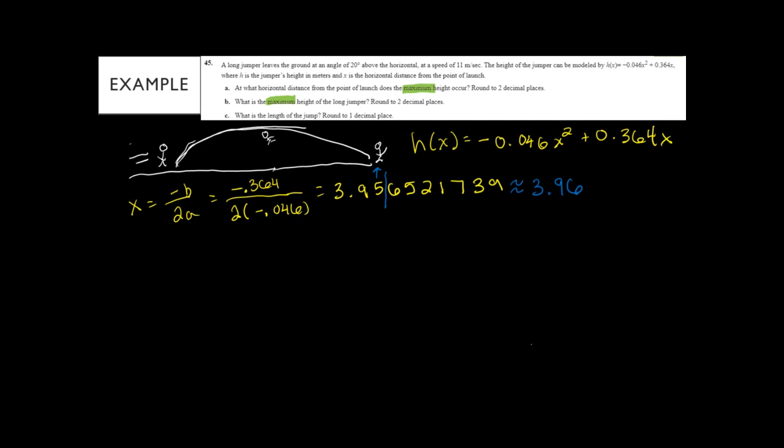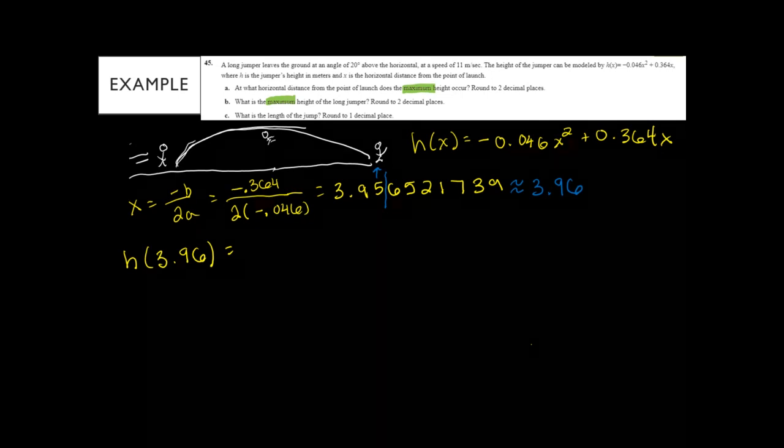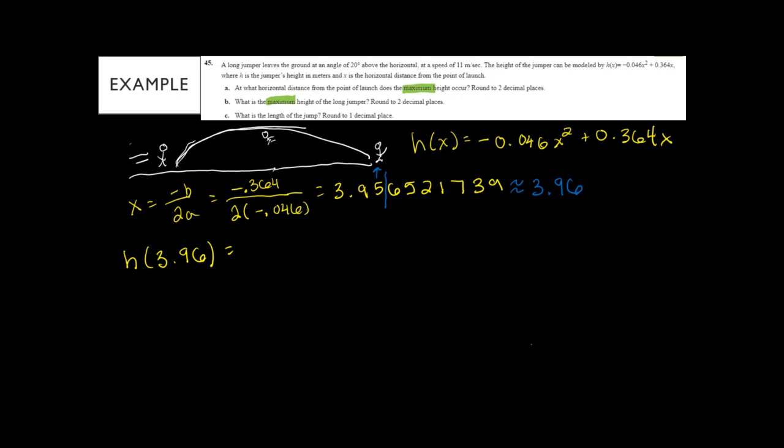So k, the y value, or the height here, we're looking at the height at a distance of 3.96. So we're going to plug 3.96 in for x.